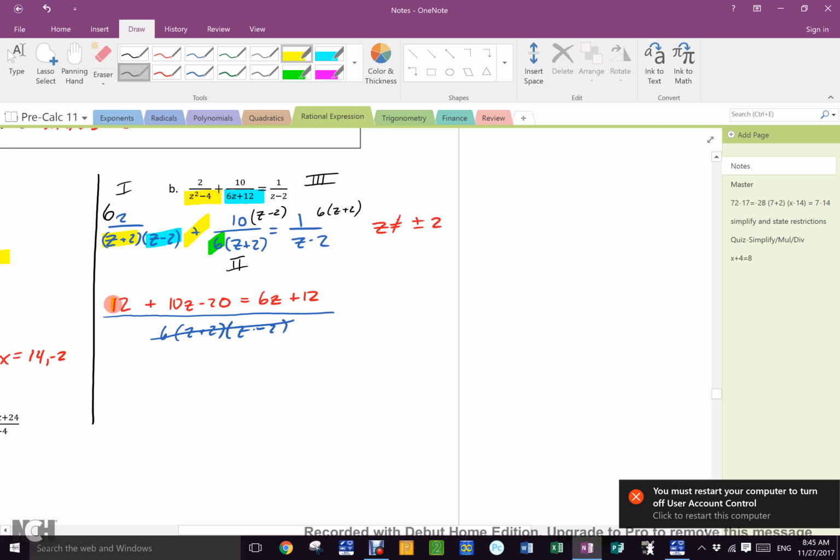What will we do with that side? You will collect like terms, and you will get what? I would write 10z minus 8, but that's cool. It's the same thing. Equals what? Six z plus 12. And then what will you do?